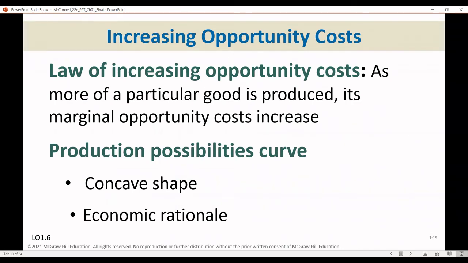The logic behind it is if you keep producing a particular good, you get to a certain point where you're going to exhaust all the excess capacity that you have. Once you exhaust that and you keep producing, now you're going to have to invest. And any investment will cost you additional money. You have to give away something to be able to keep expanding, right? Which is the law of increasing opportunity cost.